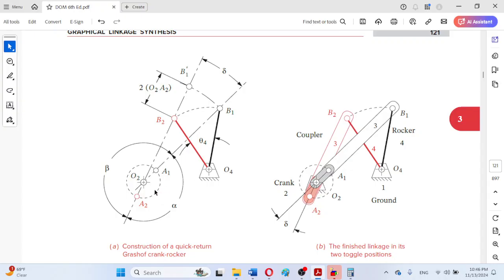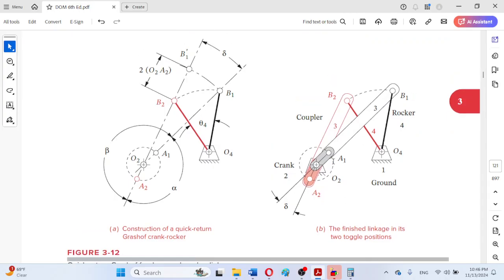So that will be the d length as O2 to O4 is shown in figure B1, and after that what we will be doing, that we will be specifying the sizes of the connecting rod and the crank.